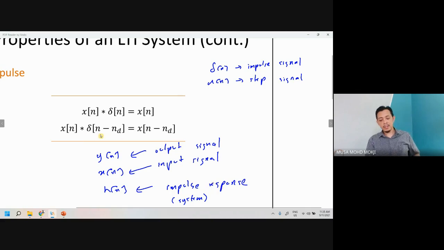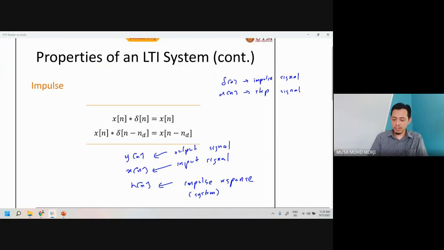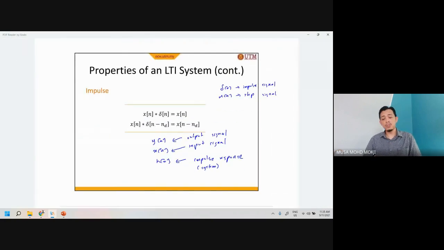If you convolve a delayed impulse signal with a signal, you will have a delayed version of that input signal. With a minus nd, your x will be delayed by nd. Because there is no delay in the first case, there is no delay in the result. This is quite straightforward, and later we're going to use these properties.